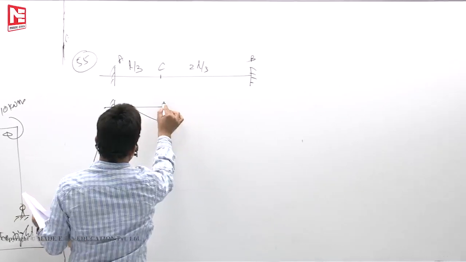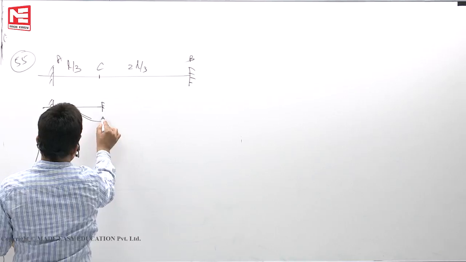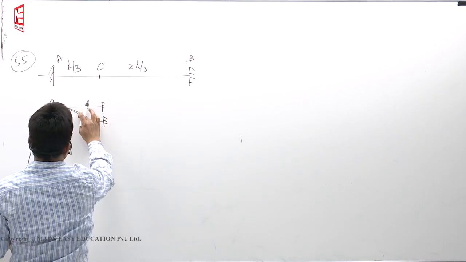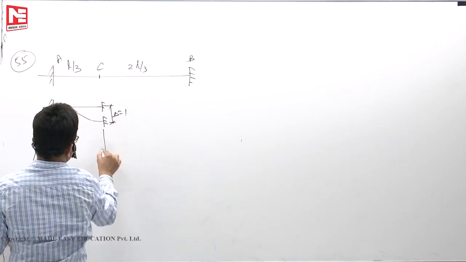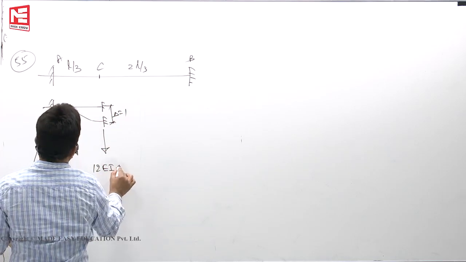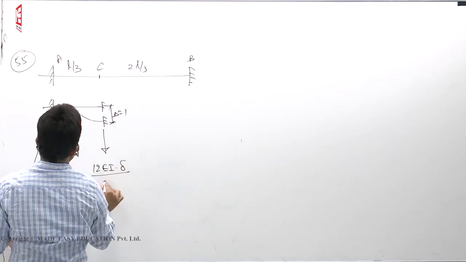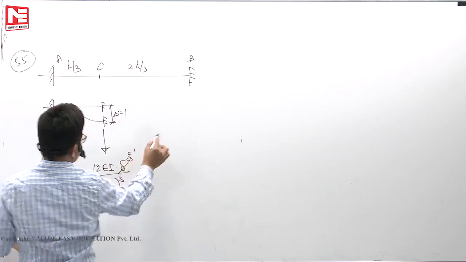Say you fix it. For this member, we know how to do it. I want delta is equal to 1. What is the force required? 12 EI delta by L cube, L by 3 cube. Now delta I wanted 1.